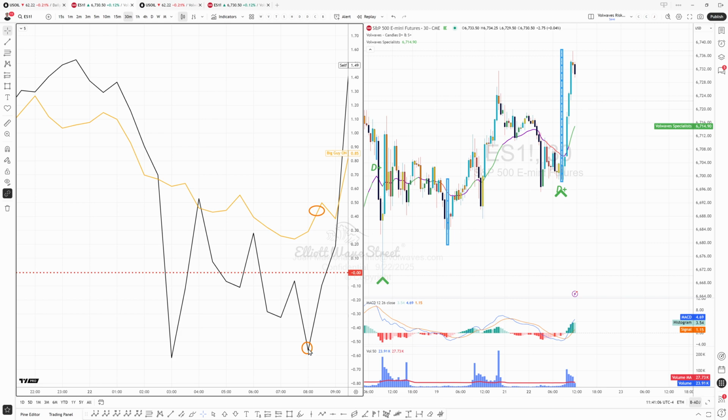Remember, when the black line is below the orange line, we can only find bullish trades, right? So that's the place where we were, and the 30-minute chart was bullish as well. So we start with a bias on a higher time frame, then we can move to lower time frames to find the trades.